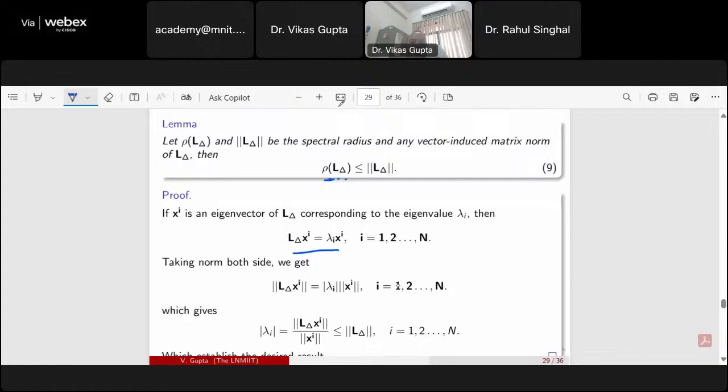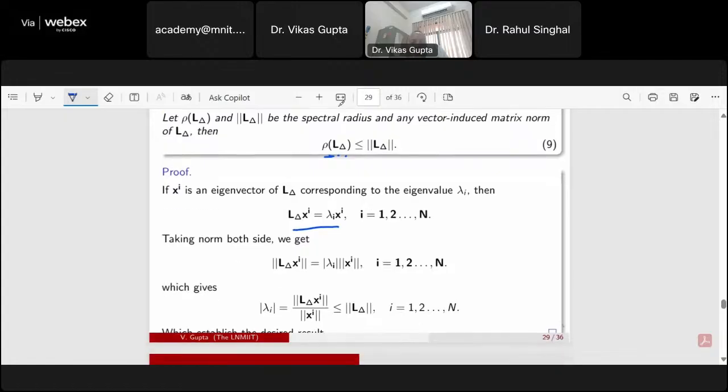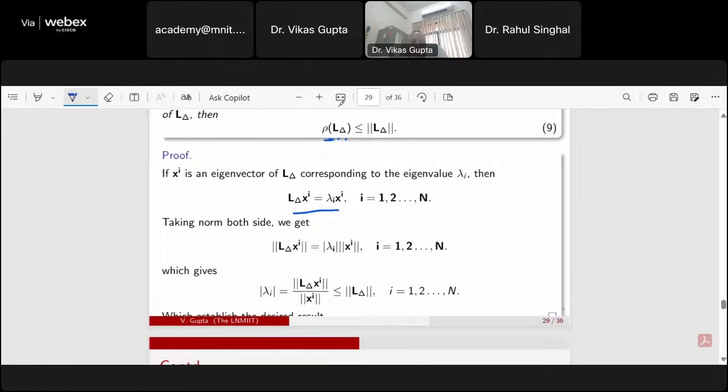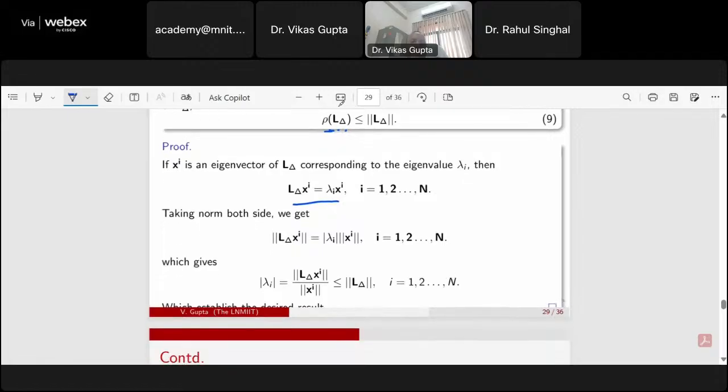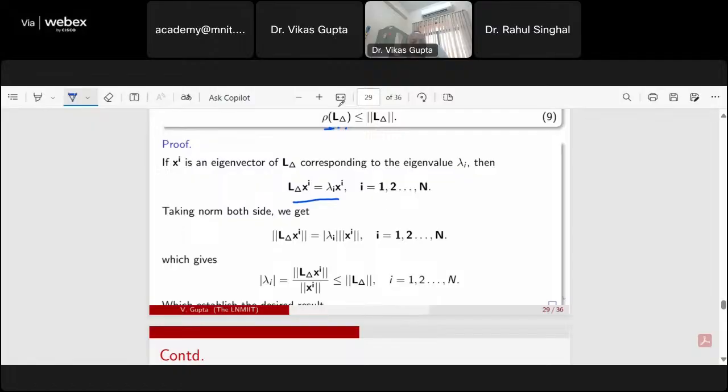This is true for all eigenvalues lambda_1, lambda_2, ..., lambda_n corresponding to the eigenvectors. That gives us mod of lambda_i equal to the norm of L_delta x_i upon the norm of x_i.